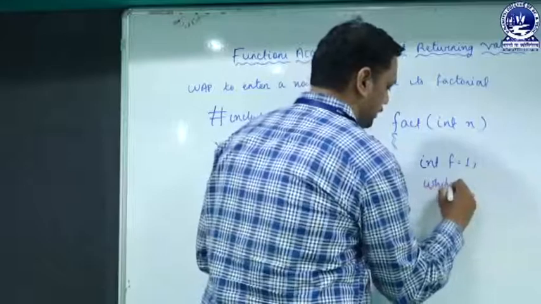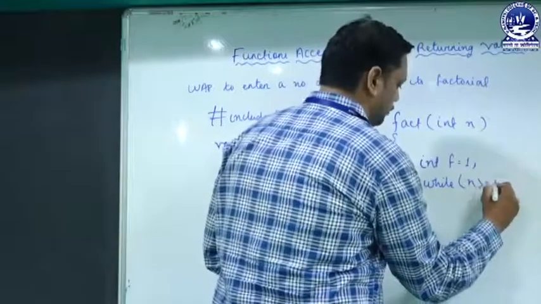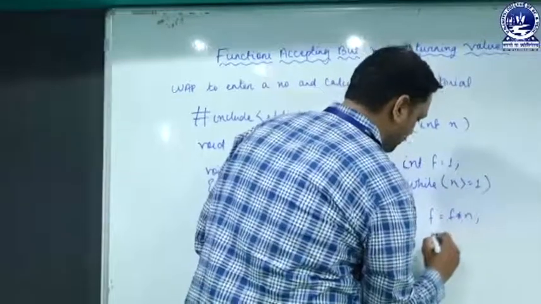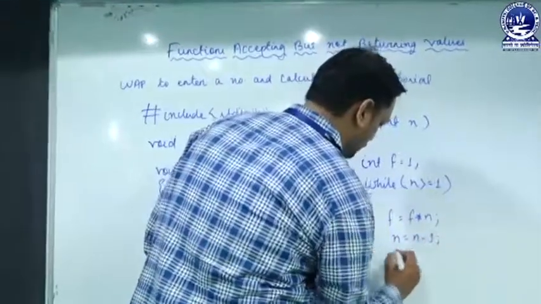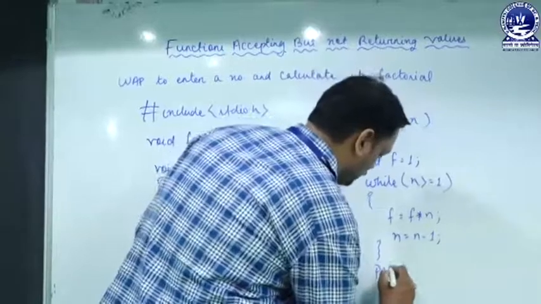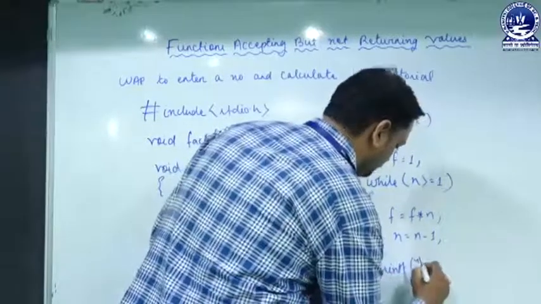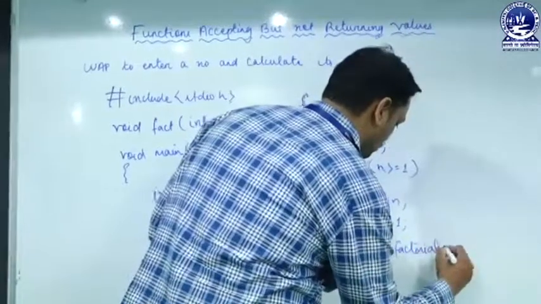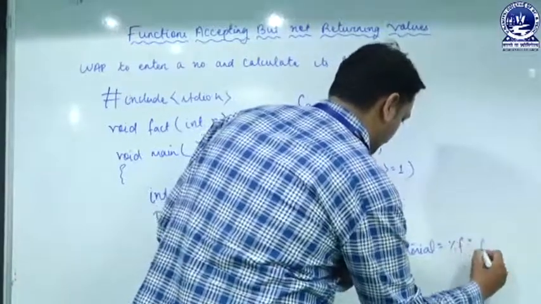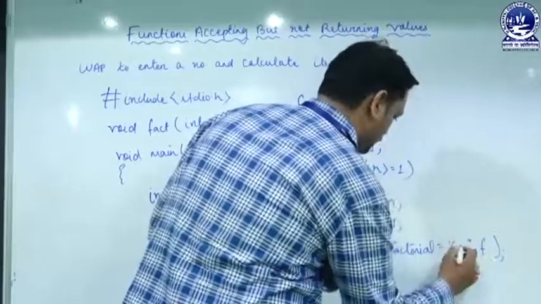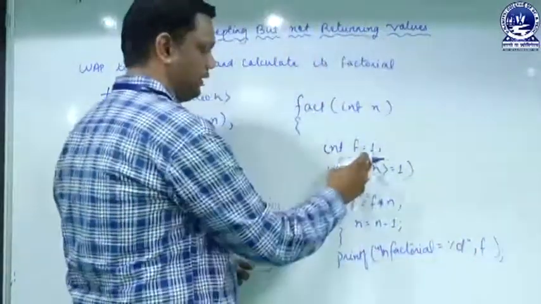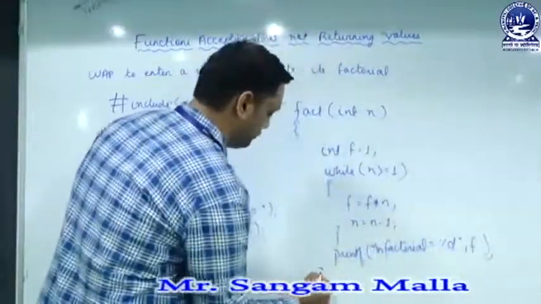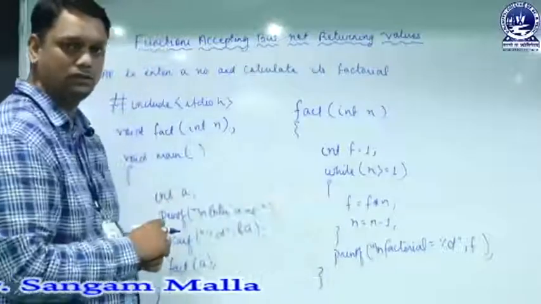Then while n greater than equal to 1, f equal to f into n, n equal to n minus 1. Now I will print the value of f, which is the factorial. Let us write printf factorial equal to %d, because the format specifier of f, which is int, is %d, f. Now our program has ended.